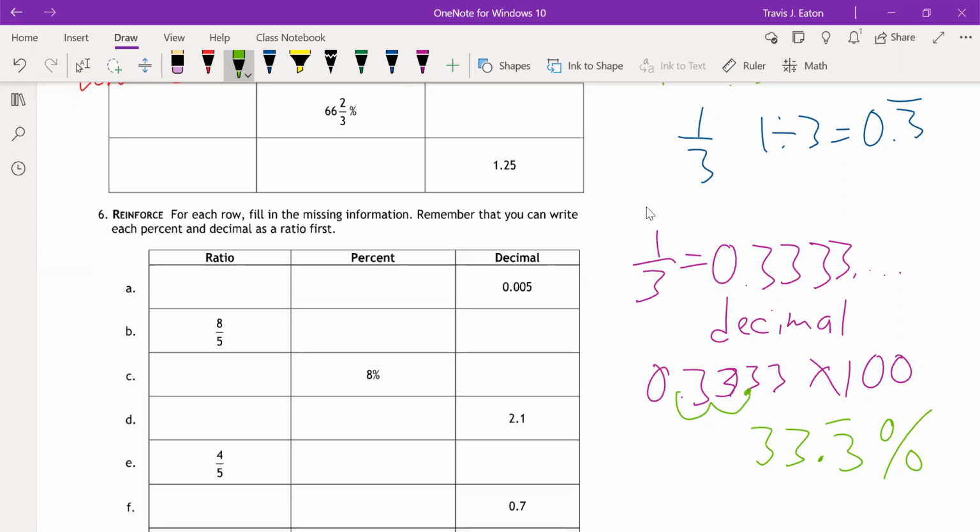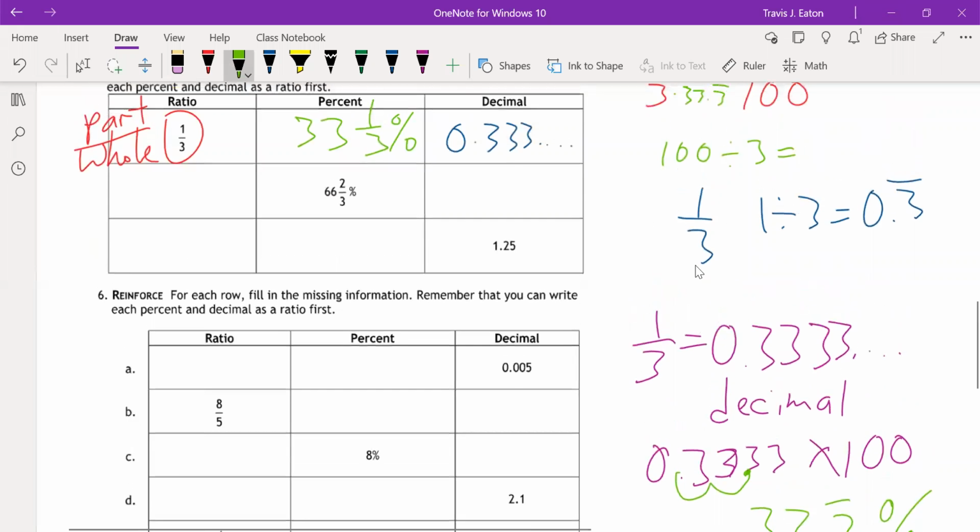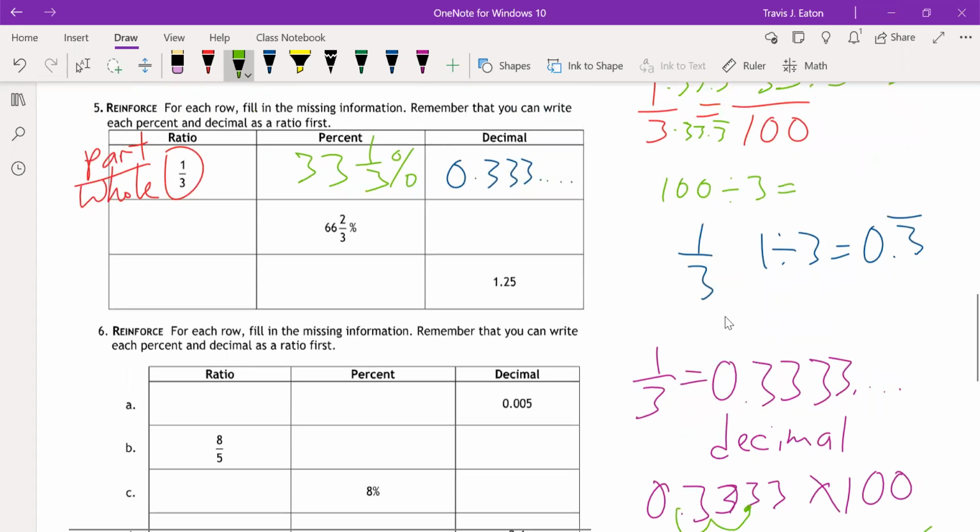Well, but you're not always just given the ratio first, like in this case here, 66 2/3%. Okay. Well, if you want to change this to a decimal, the first thing you'd have to do is take that 2/3 and divide that part.